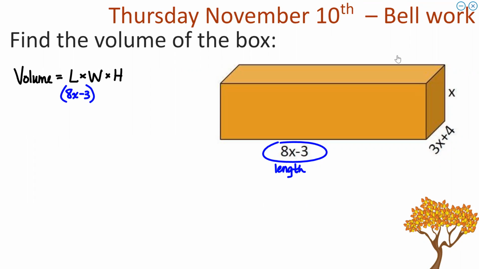We're going to multiply that by our width. What's our width? Yes, 3x plus 4. And then we're going to multiply that by the height. What is the height? X.